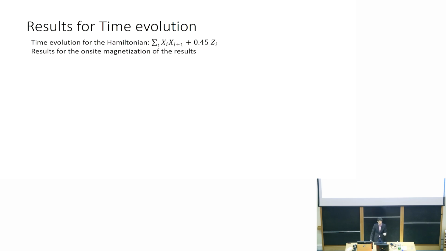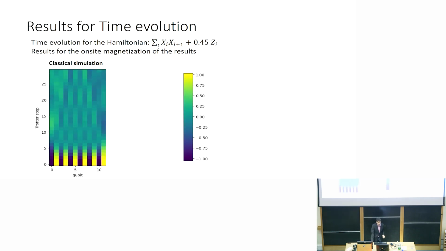In this case, I do not sample the exact strings, but measure the magnetization, so the expectation value for Z on each site. When you do it classically, on the exact simulation on a classical computer, I start with a staggered initial state, which is indicated by this alternating pattern. And when you evolve in time, you see that the system equilibrates, but you see also these long-term oscillations.